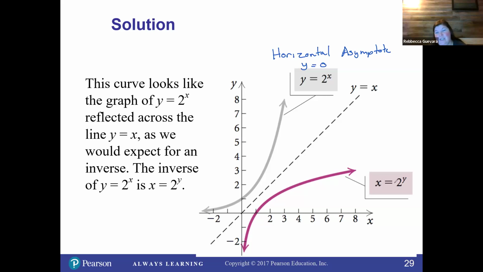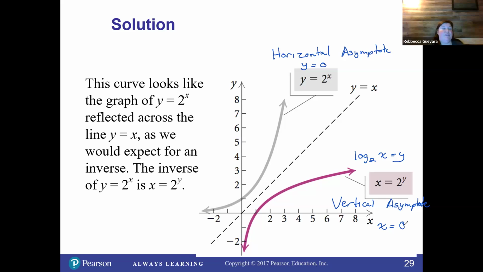But for x equals 2 to the y, or like I said, log base 2 of x equals y, what we see here is that we have a vertical asymptote now, where I can't touch the y-axis. So I have a vertical asymptote at x equals 0.